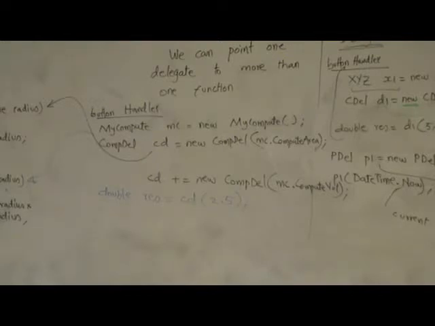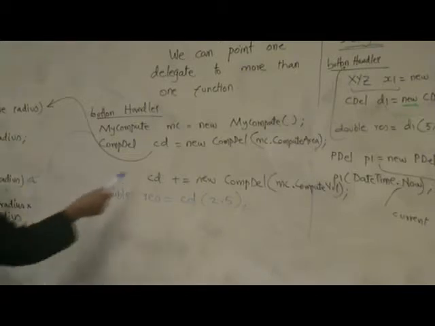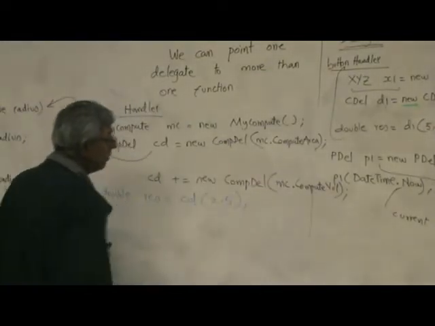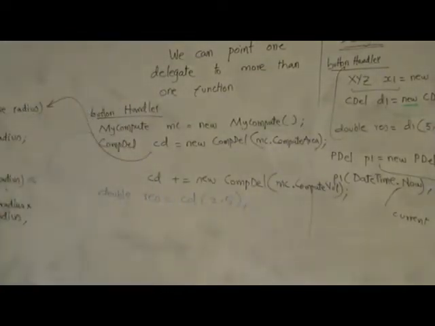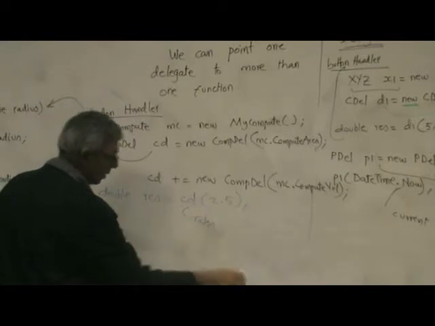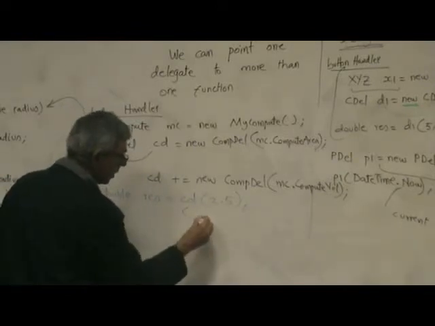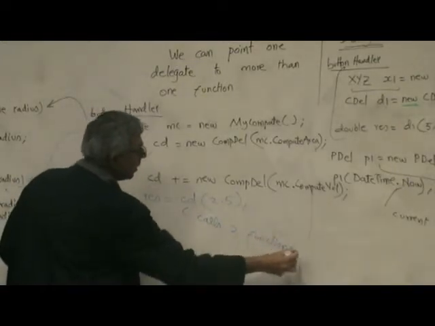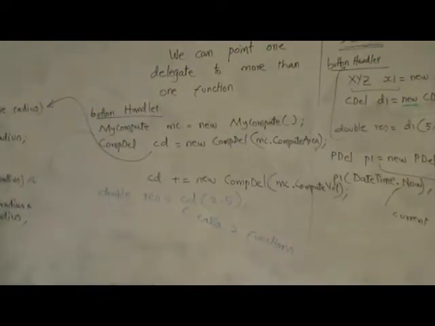So can you guys guess how many functions will it call now? How many functions is cd pointing to? Two, right? ComputeArea and ComputeVolume. So this will actually call two functions. Okay, so the question is, what will be in the result?